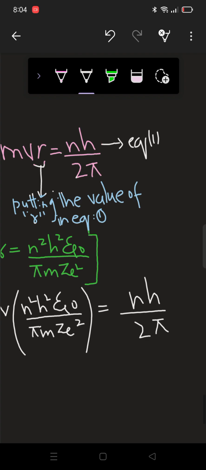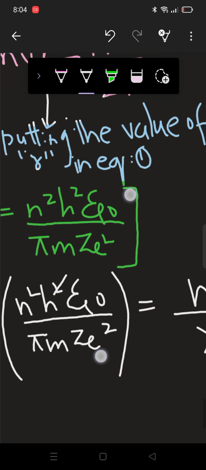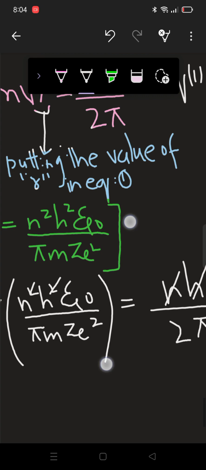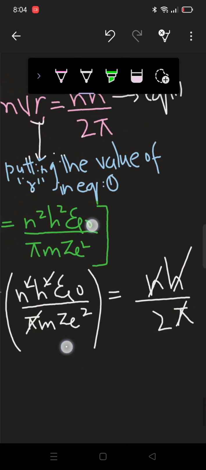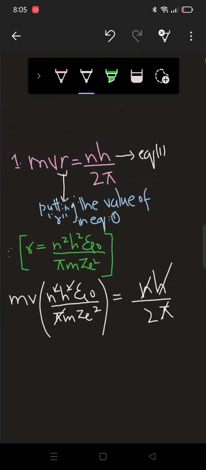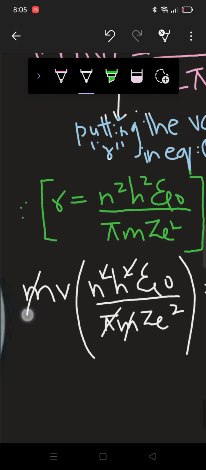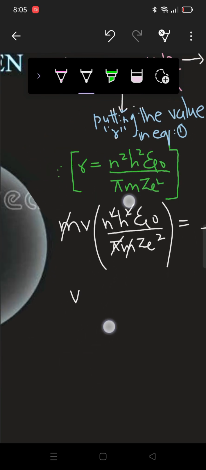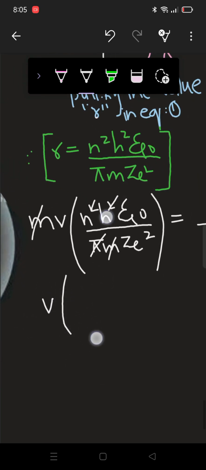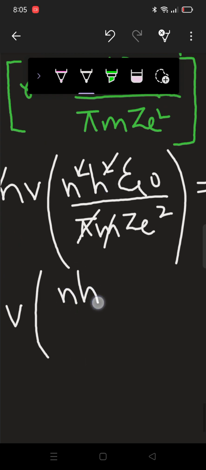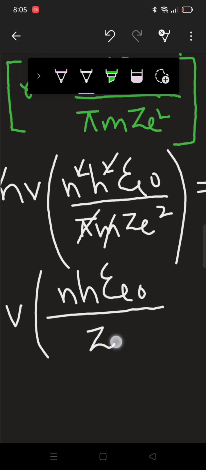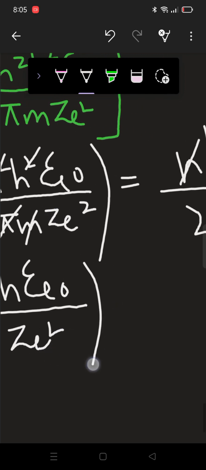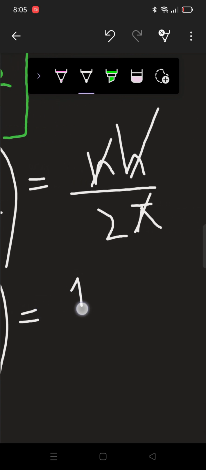Now see, this h is cancelled with this h, n cancelled with n, pi cancelled with pi, and m is cancelled with m. Now what we have remaining is v multiplied by h remaining, n remaining, epsilon naught remaining upon z e square remaining, is equal to, here nothing remaining, so 1 upon 2 remaining, right.